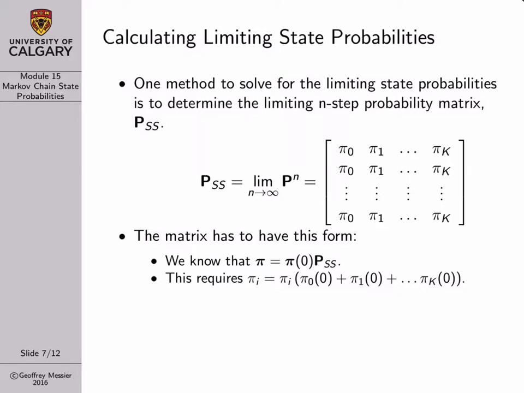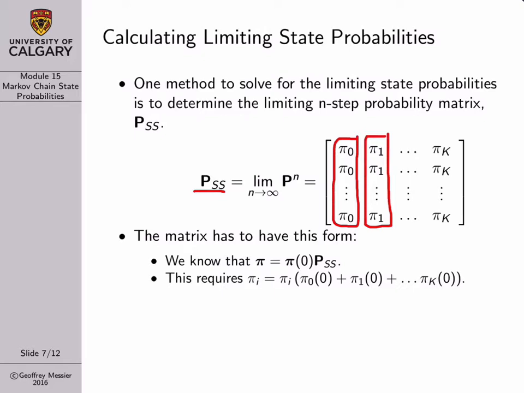And if you do that, you'll find, if the limiting state probabilities exist, that the columns in what we'll call PSS, the steady state probability matrix, are the same, and they are equal to the limiting state probabilities. So the first column will be equal to the limiting state probability for state 0. The second column will be equal to the limiting state probability for state 1, and so on.